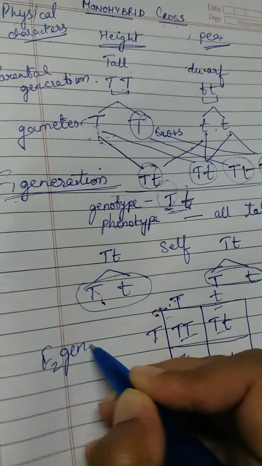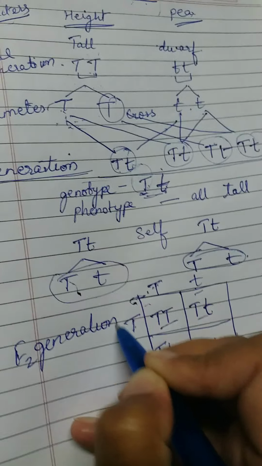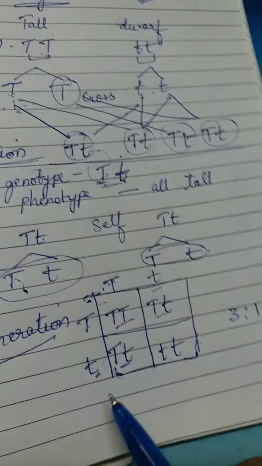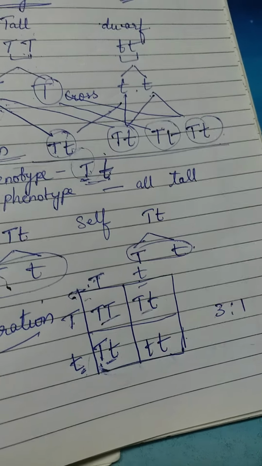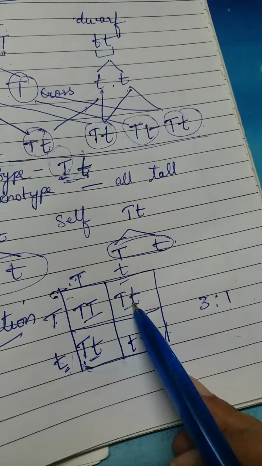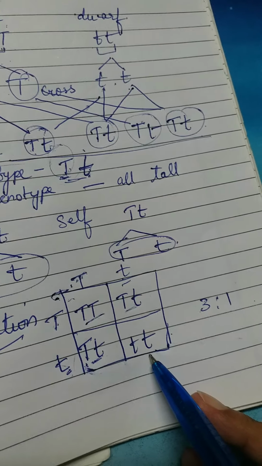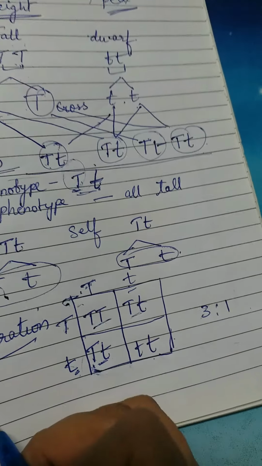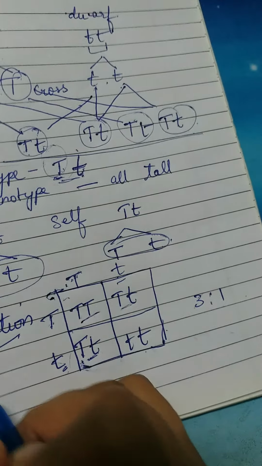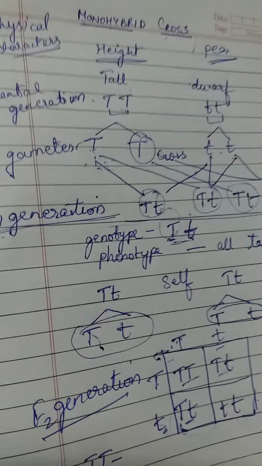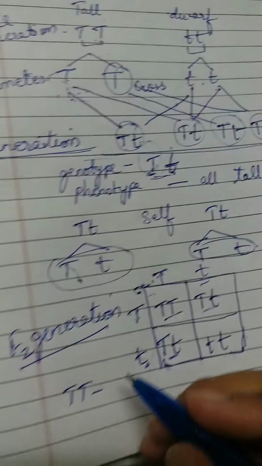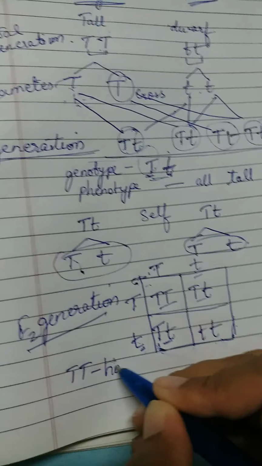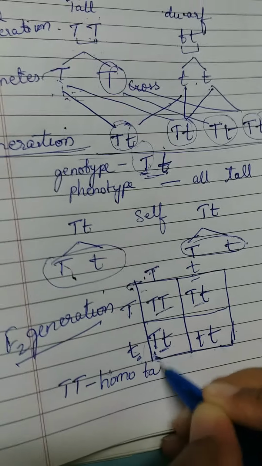This is our F2 generation, remember. Okay, this is our F2 generation and we have the ratio 3:1. This 3:1 is nothing but 3 of them are tall, whereas 1 is dwarf. We can also say TT. We learned the word homozygous and heterozygous. We can say TT is homozygous tall.